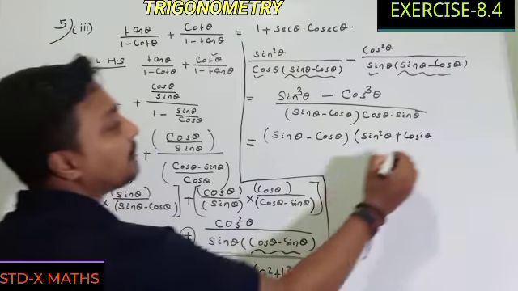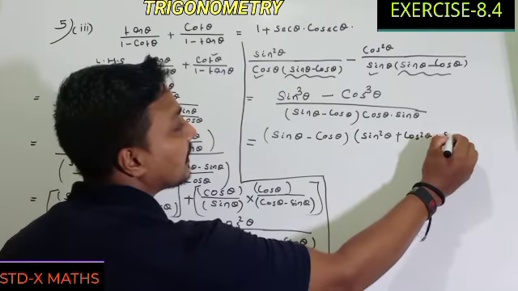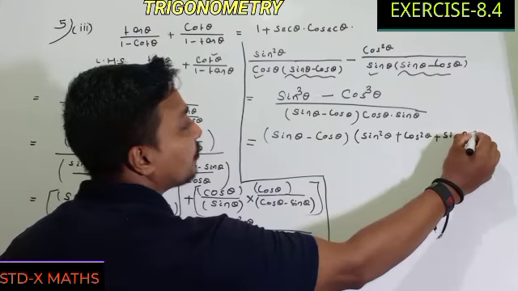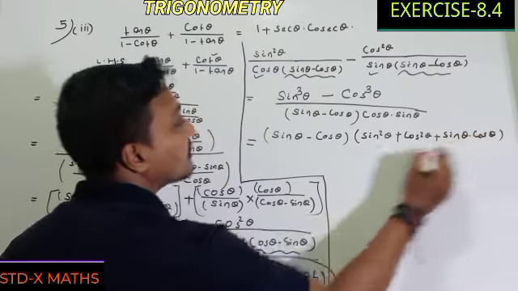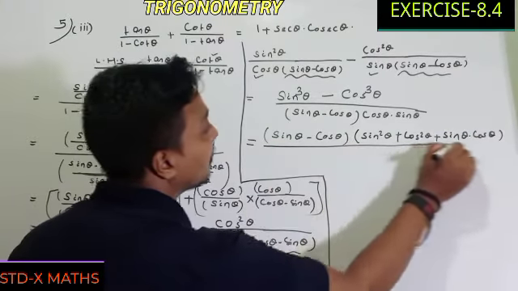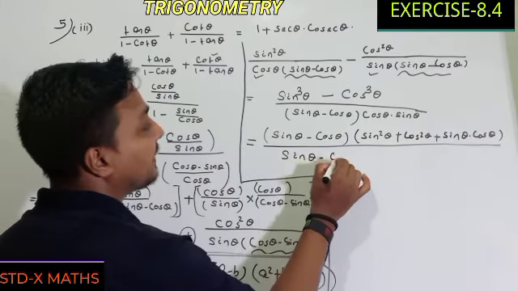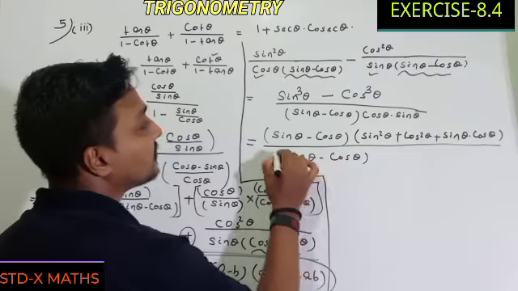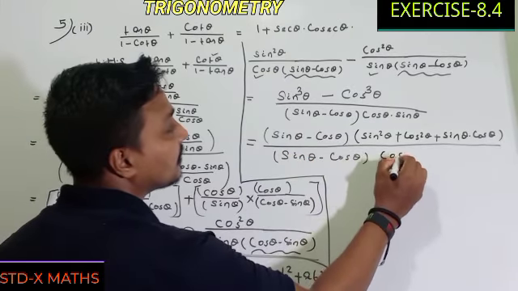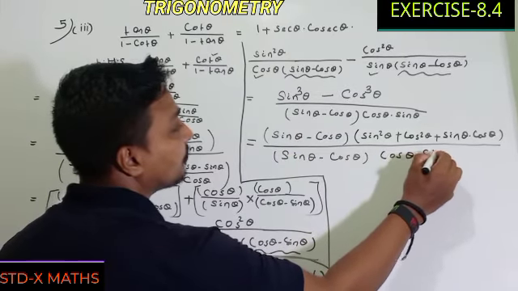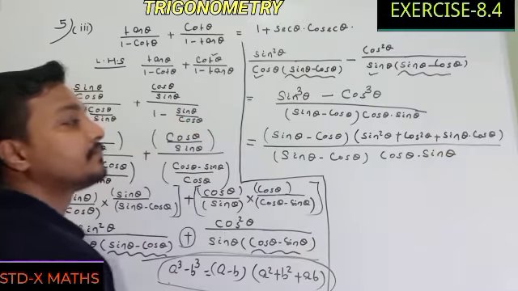Then plus ab, where a is sin theta into cos theta, divided by sin theta minus cos theta whole into cos theta into sin theta.